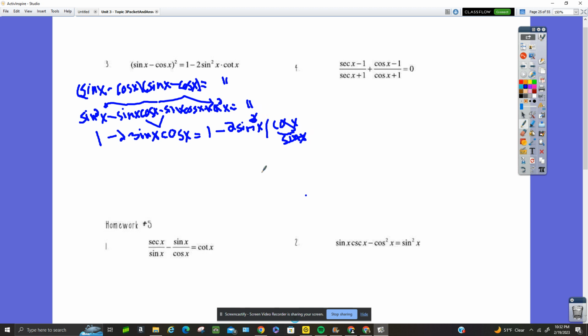So then I have 1 minus 2 sine x cosine x. And then I have the same thing on the right side.